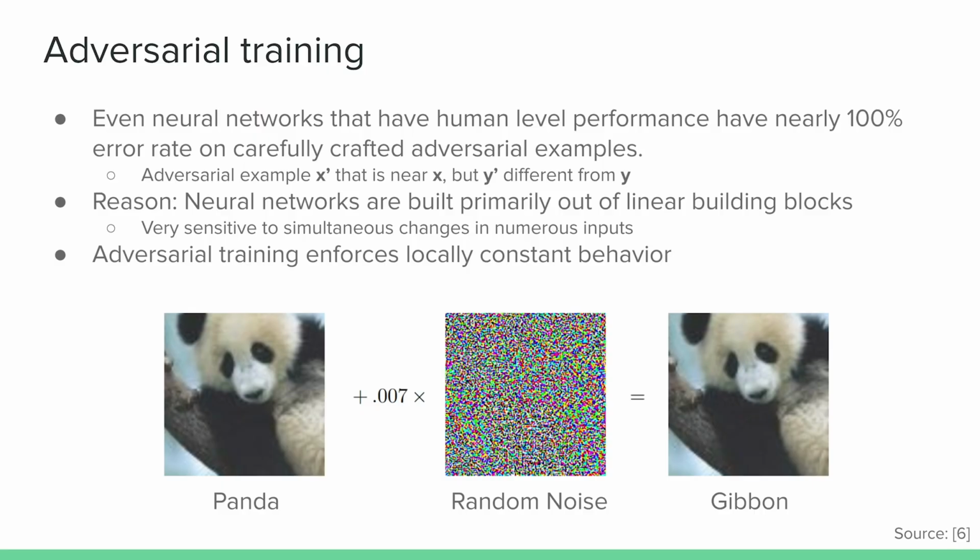Changing just one neuron usually doesn't have such a big impact, but if you change all neurons even just a tiny little bit, these linear building blocks are very sensitive and can have severe effects on the output. If we perform adversarial training, we would enforce locally constant behavior, and how we do this is basically by just adding a little bit of random noise to our input.